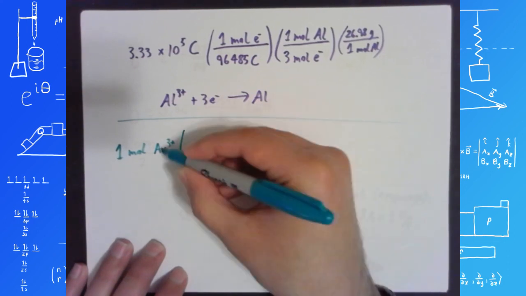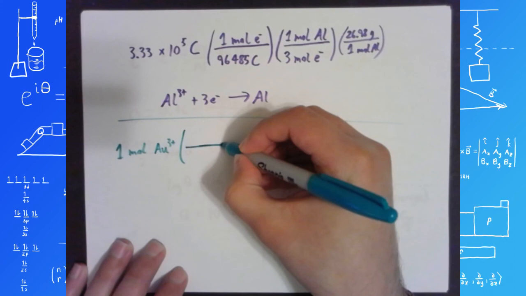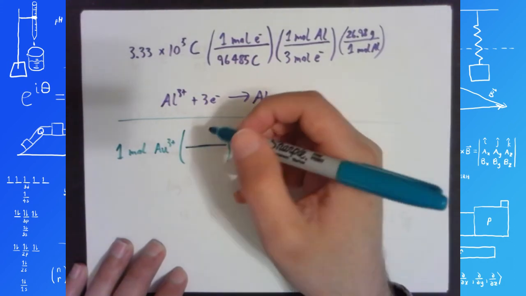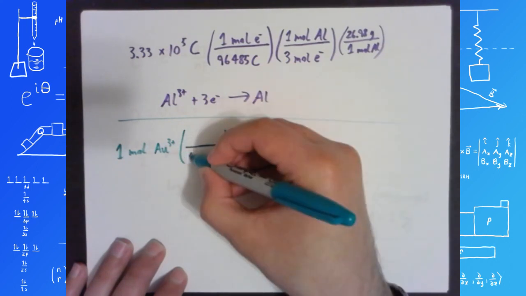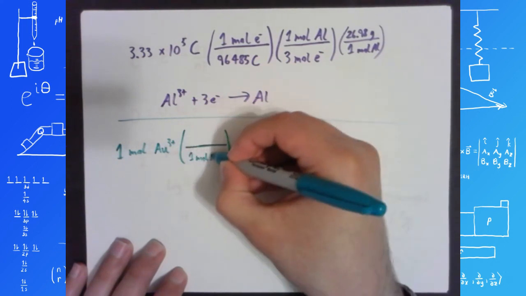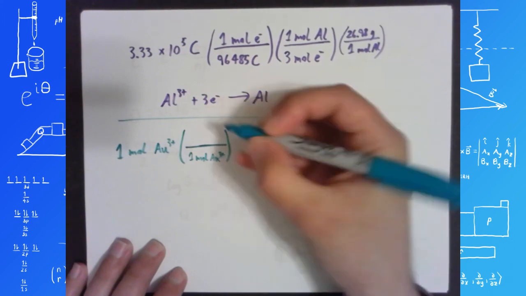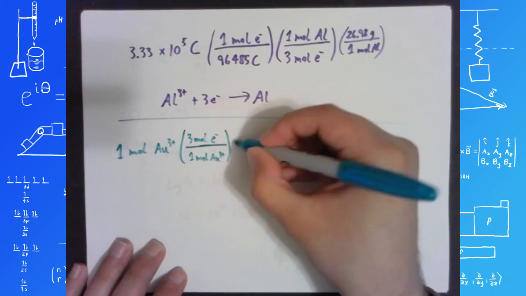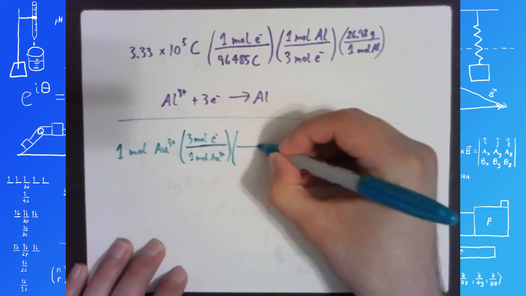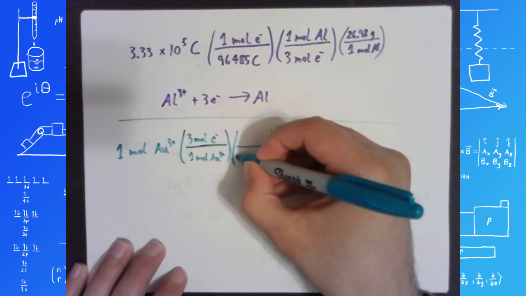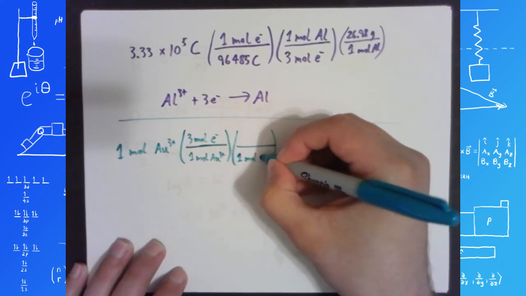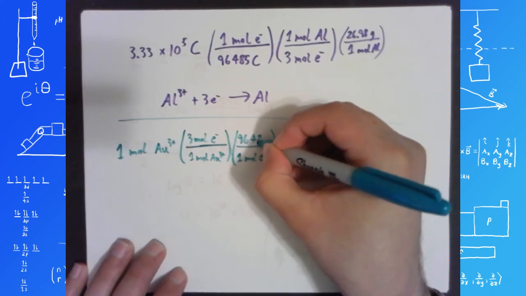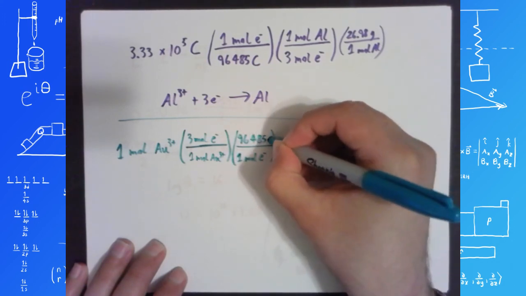Maybe write it with the charge so that it's easy to remember how many moles of electrons you need. Every 1 mole of gold ion requires 3 moles of electrons, and every 1 mole of electrons requires 96,485 coulombs of charge.